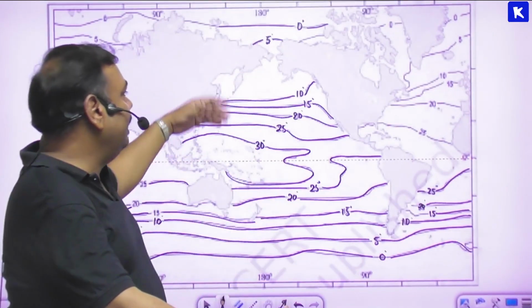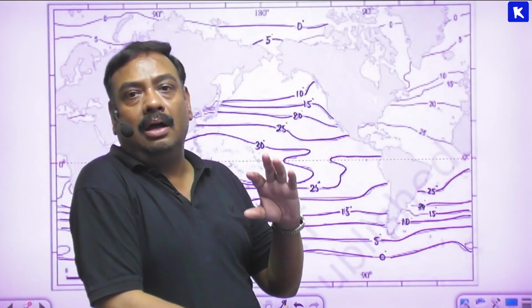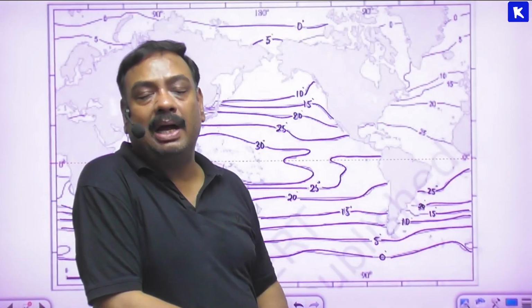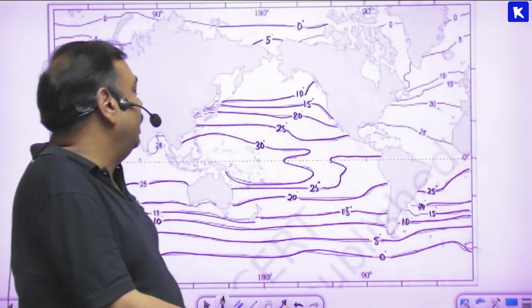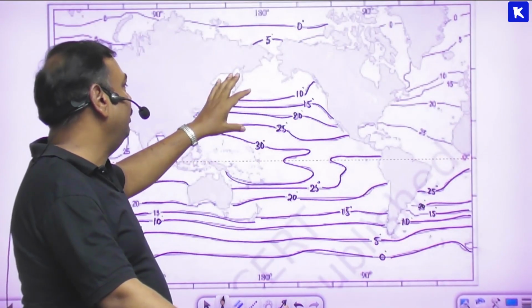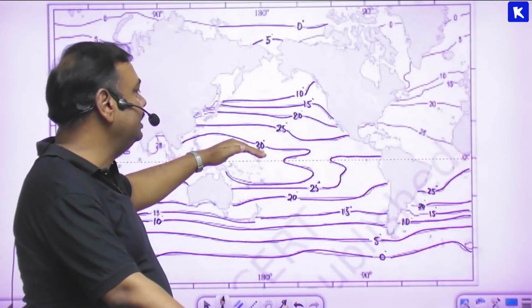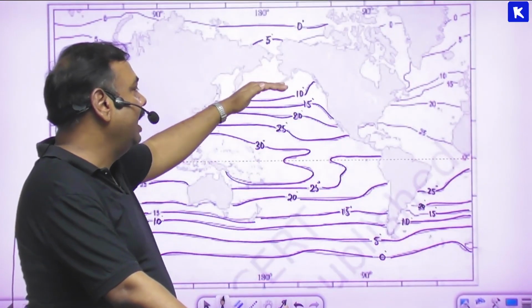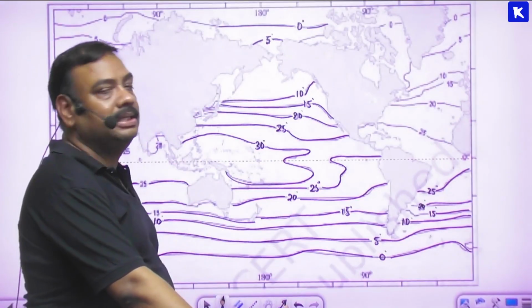Here in the northern hemisphere, which is also called the continental hemisphere, where the proportion of continent is much, since the ocean water is in much contact with the continental part, the decreasing trend of temperature is not as regular as we can observe in the southern hemisphere.